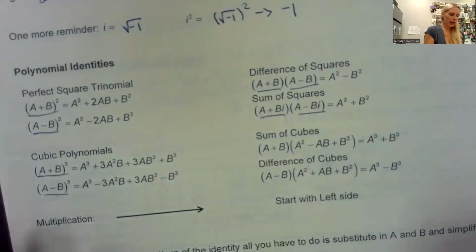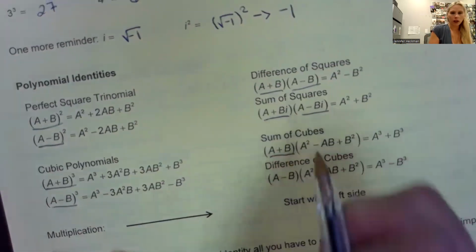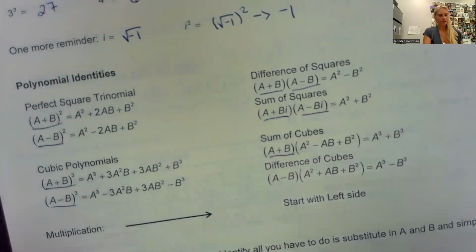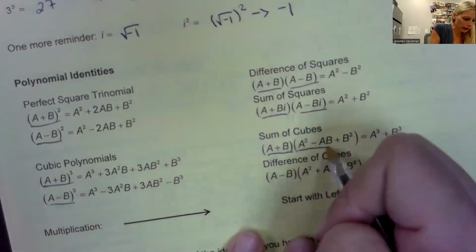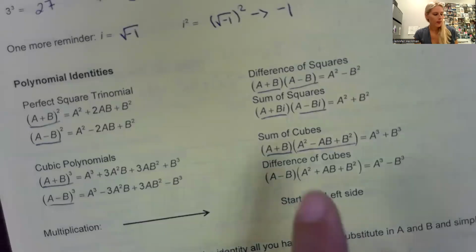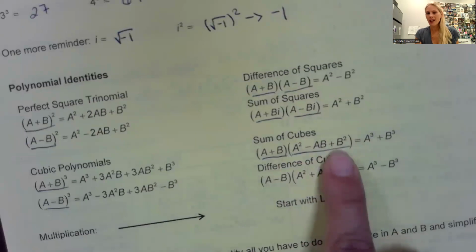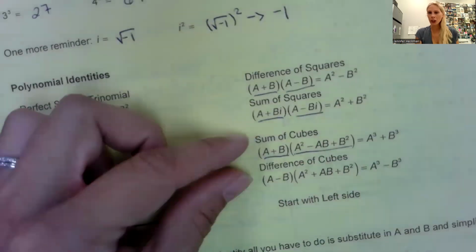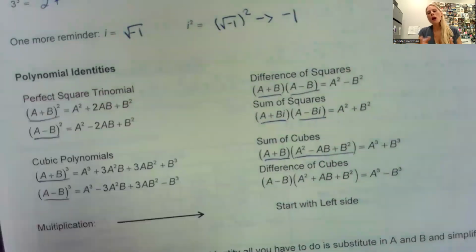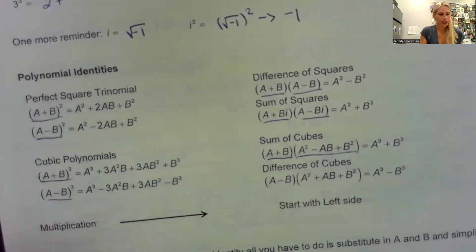Then we have a sum of cubes. So we have this binomial a plus b times a trinomial. And the trinomial specifically is a squared minus a times b plus b squared. These two, the sum of cubes and the difference of cubes, are probably harder to recognize because this has to be this trinomial. It can't be any trinomial, okay?